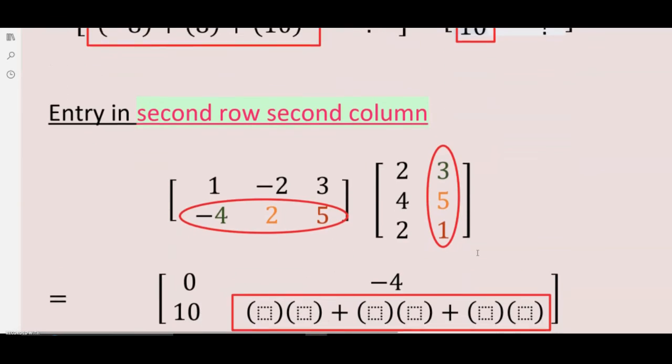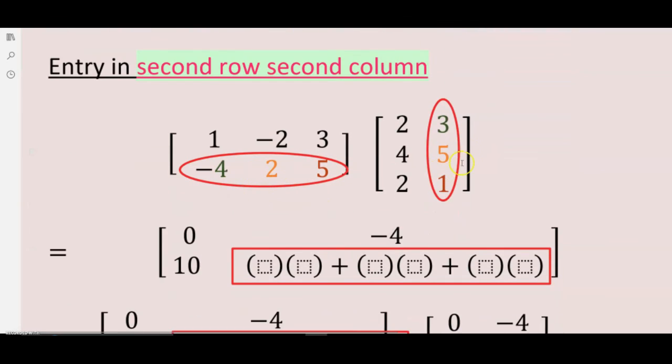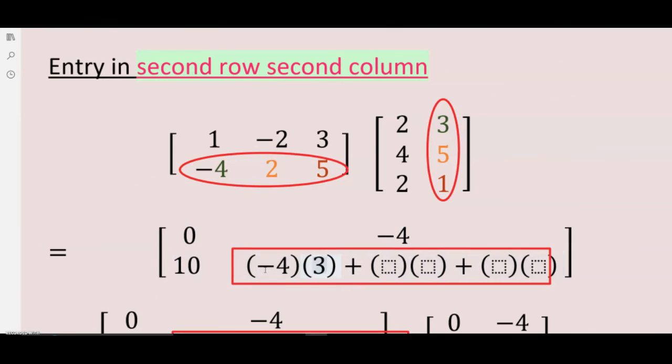Now the last one, that is the second row with the second column, with the same procedure. So minus 4 into 3, and after that the second entry with the second entry of the column, that is 2 into 5, and the last one is 5 into 1.